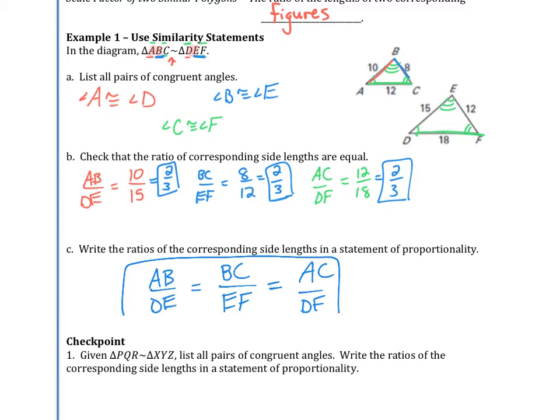This is our statement of proportionality, stating that the ratios of the side lengths are equal to each other. You'll be asked to write a statement of proportionality, and that's what this is.